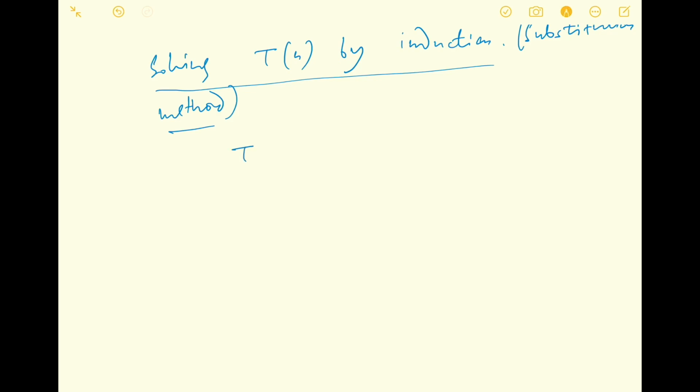Maybe let's take this recurrence. Suppose Tn is 2 T(n/2) plus O of n. Because you are proving by induction, you first want a clear mathematical statement without the big O notation. So if you are proving using the substitution method, first get rid of all those asymptotic notations.